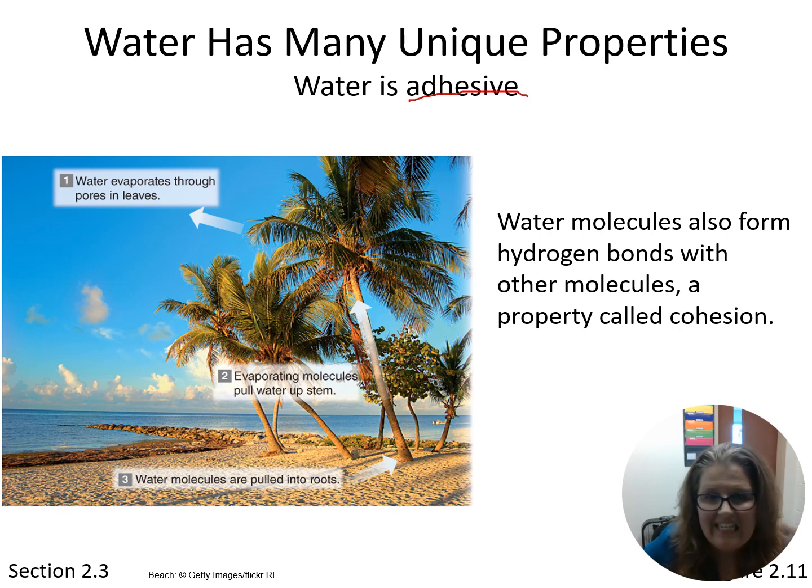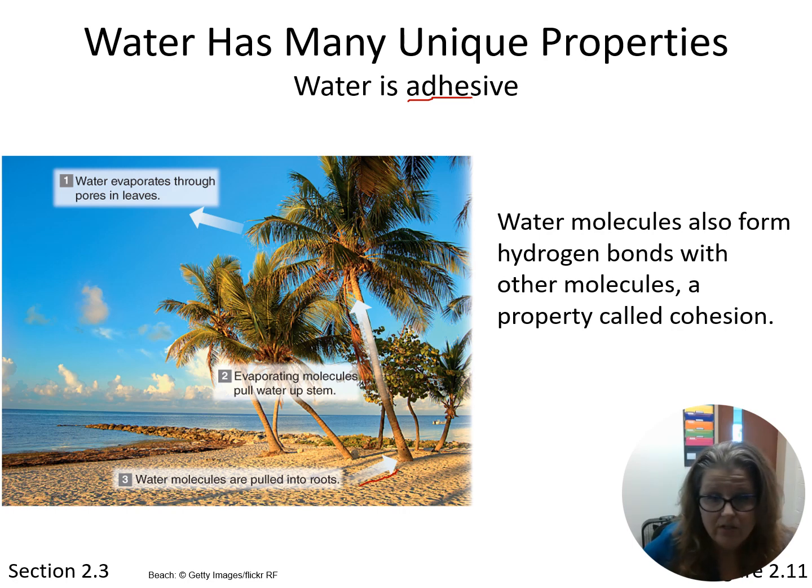Water is also adhesive. Water is adhesive, meaning it sticks to other things. So we're talking about water going up a tree. Take the giant redwoods in California. They're very, very tall trees. They don't use any energy to get their water from their roots to their leaves.